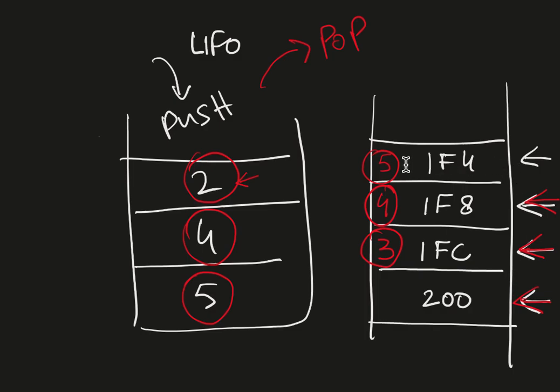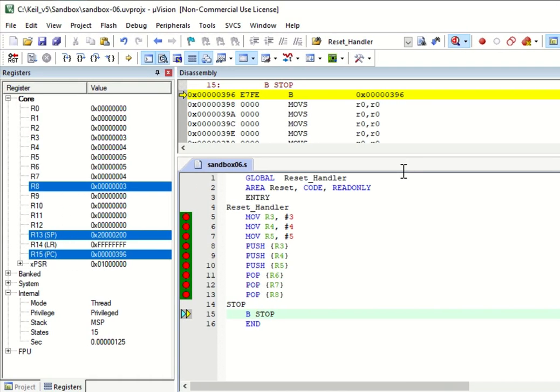And each time we pop, we have to specify where we want the top item to be placed, right? The convention or syntax difference between push and pop really is this: you push whatever you have in any register into the stack, and while you pop, you have to specify where you want that item on top of the stack to be placed. So you have to specify a destination register.